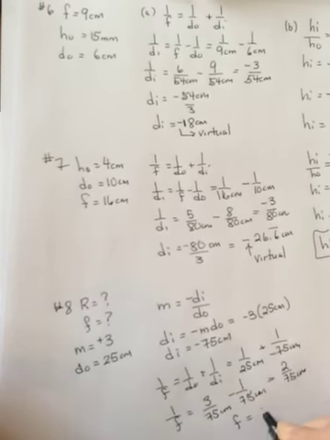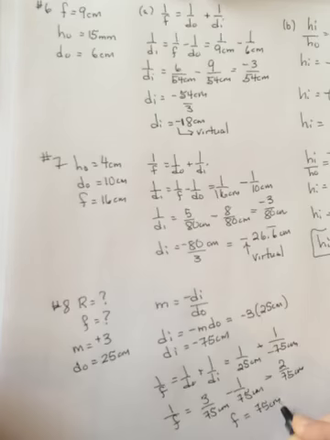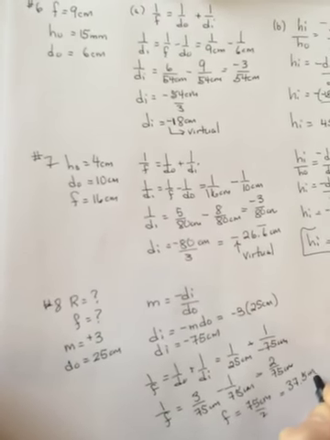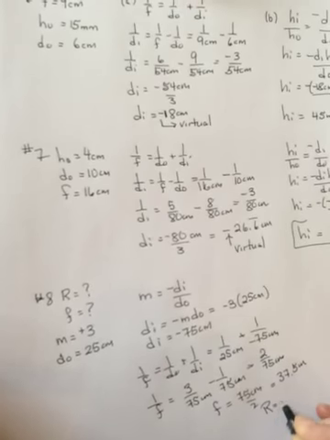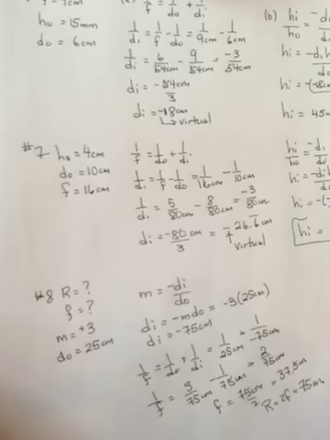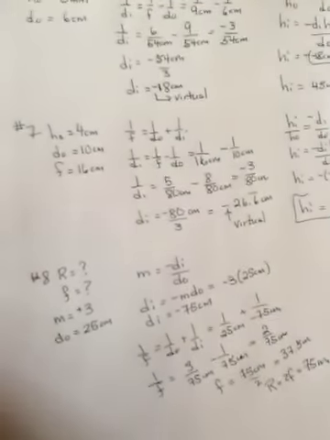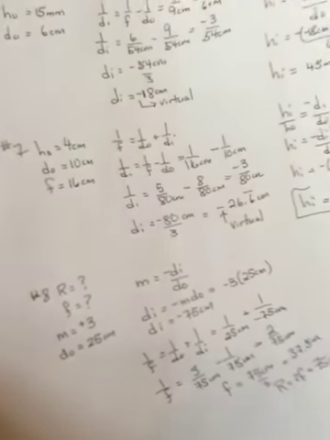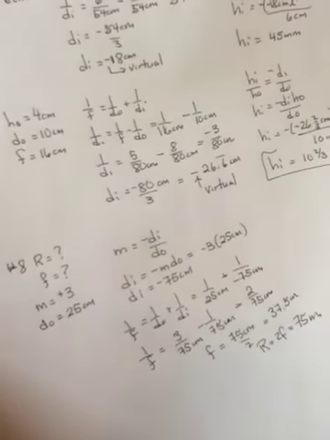So F is equal to 75 centimeters over 2, or 37.5 centimeters, which means R is equal to 2F, or 75 centimeters. Okay? So those are all your homework questions. So hopefully they were okay. And hopefully you're getting a hang of the negative.